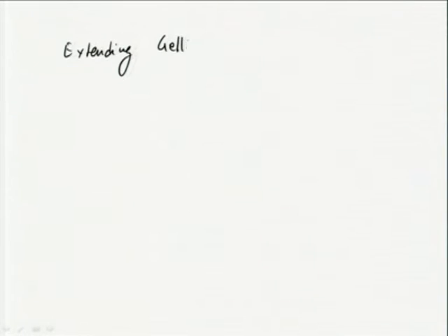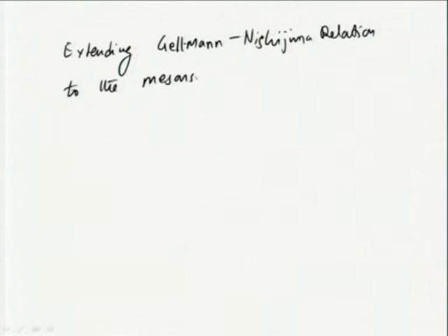So, extending the Gell-Mann Nishijima relation to the mesons, what we have is the same relation. Let me write the relation here: Q equal to I3 plus the baryon number B plus S plus C plus B prime plus T, divided by 2.